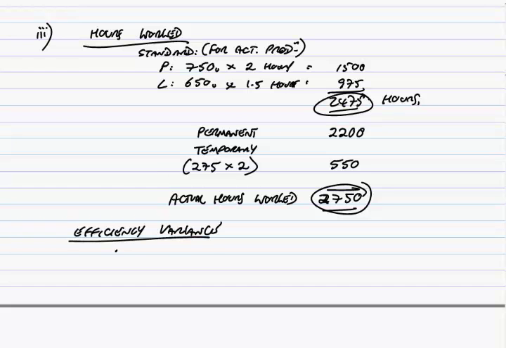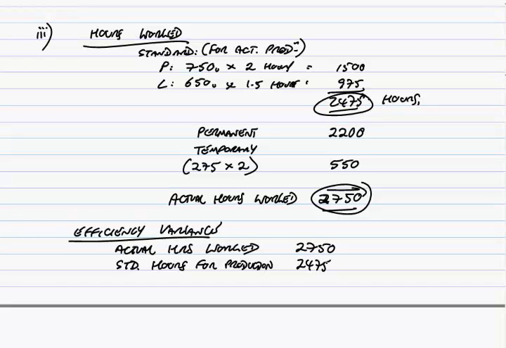For efficiency, compare the actual hours worked with the standard hours for the actual production. Now we've got the figure, but I'm just summarising. We actually worked 2,750. It should have been 2,475.